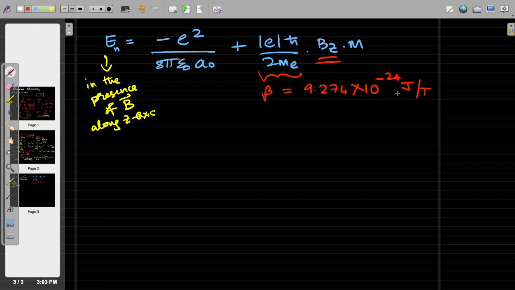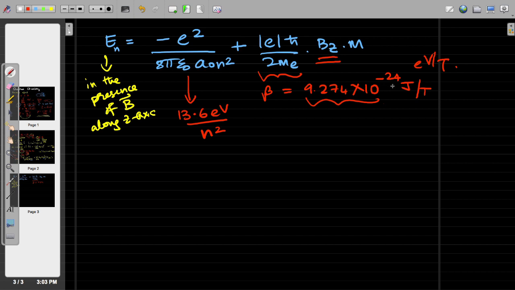An important thing, we can also convert it to eV per Tesla so that one is able to understand what the magnitude is, because you're talking about something like 13.6 eV by n square. So you're having such a contribution. Now what might end up happening here?